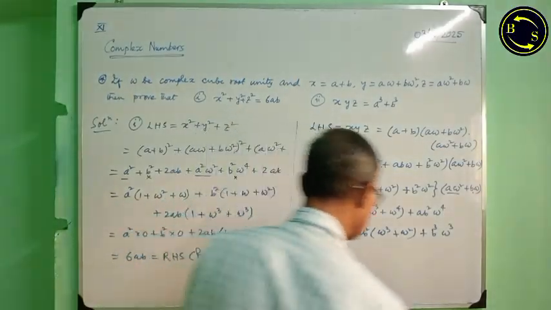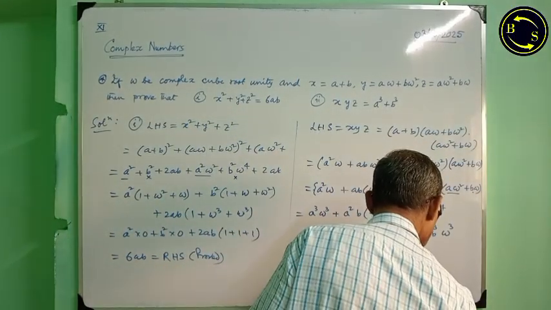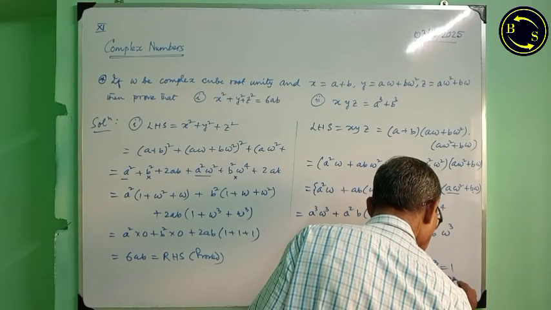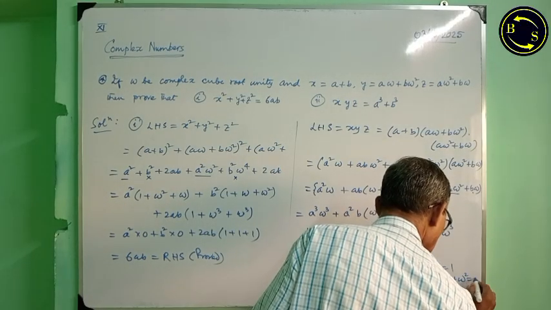Now I shall apply those two relations: omega cube equal to 1 and 1 plus omega plus omega square equal to 0.